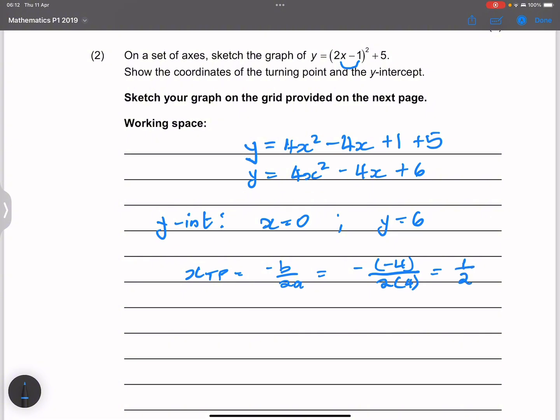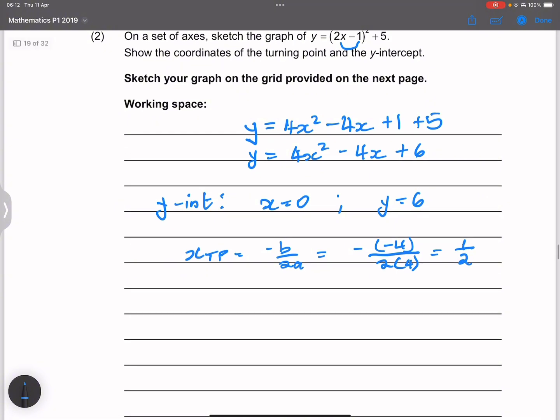So if you substitute that into the equation, the y value of your turning point will be 4 into (1 over 2) squared minus 4 times 1 over 2, plus 6. Let's see what we get there.